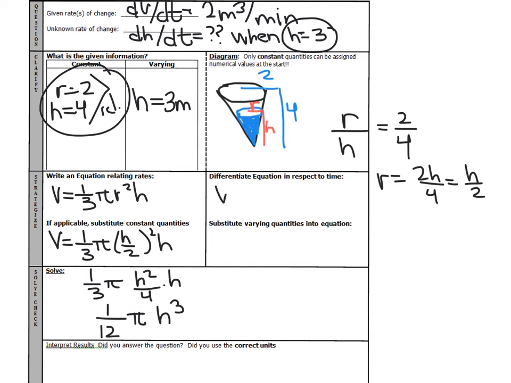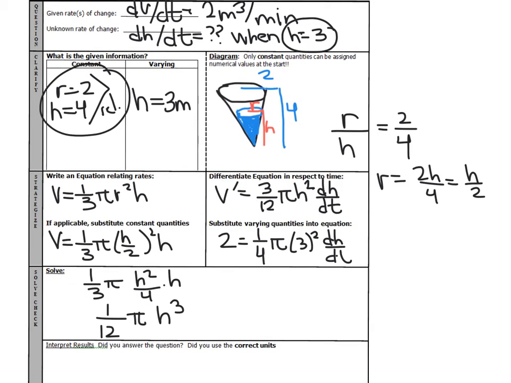So when I take the derivative, we bring the 3 in front, so we get 3/12 pi h squared, and then it's the derivative, the change in height with respect to time. So now we substitute in those values we want to know. Well, we know the change in volume over time is 2, and then 3/12 is 1/4 pi, and we want to know when the height is 3 squared, dh/dt.